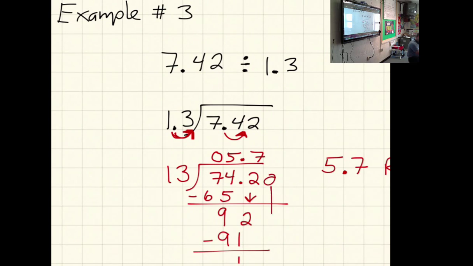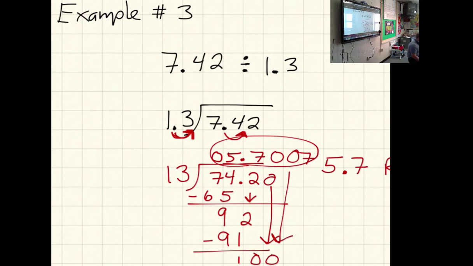You could add a 0 here, bring it down, 10. 13 doesn't go into 10. Add a 0. Bring another 0 down. 13 goes into 100. That's 7, and then we would get a 7, and so on and so forth. 5.7007, and then we could go on and on. Still a decimal. It is a number.